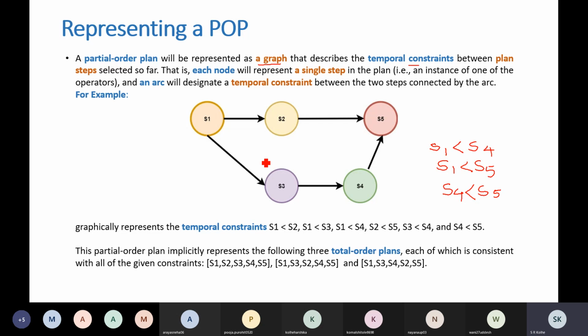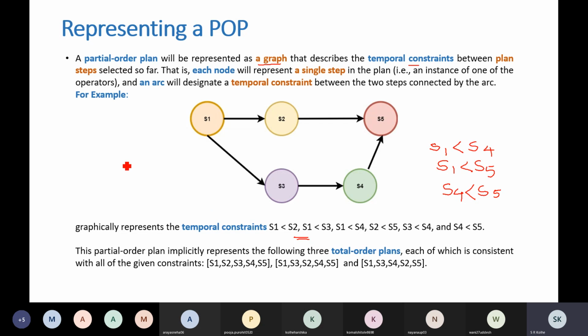Or S1, S3, S2, S5, or you can go to S4 and then S5. Or S1, S3, S4, S2, S5. Only you will have to keep in mind that you should follow these temporal constraints.